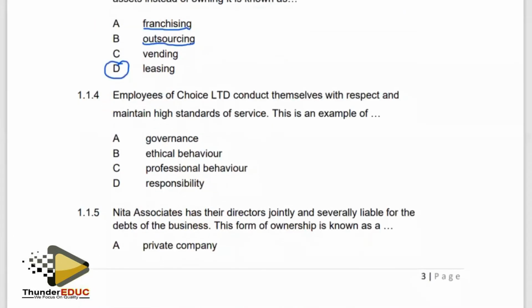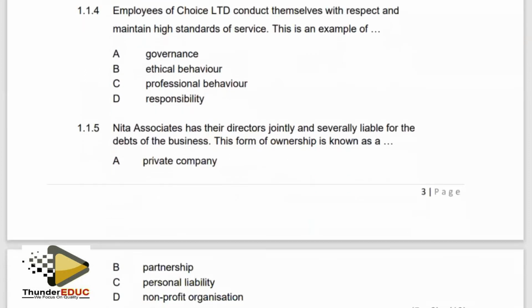That is it. When you look at question 2, it talks about employees of Choice Limited who conduct themselves with respect and maintain a high standard of service. This is an example of governance. This is not right. It's a wrong option. It is unethical behavior.